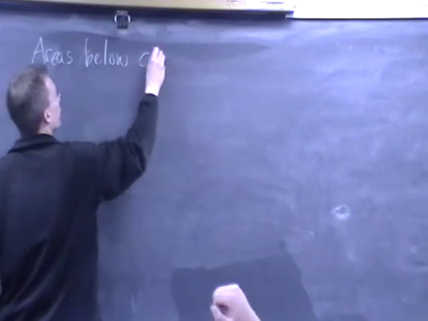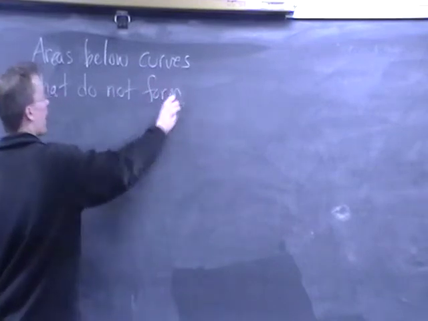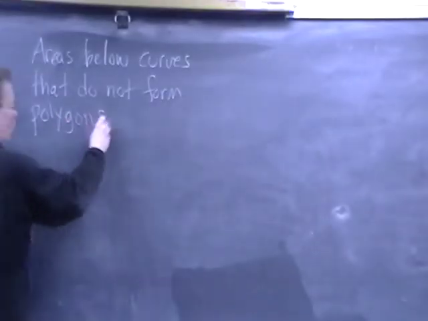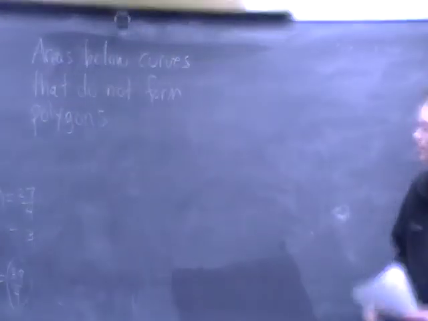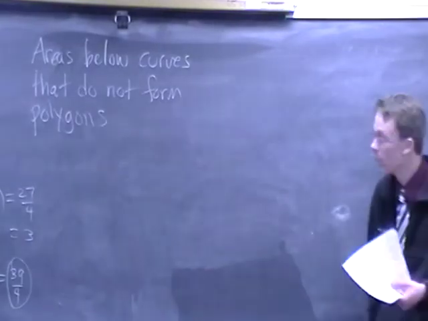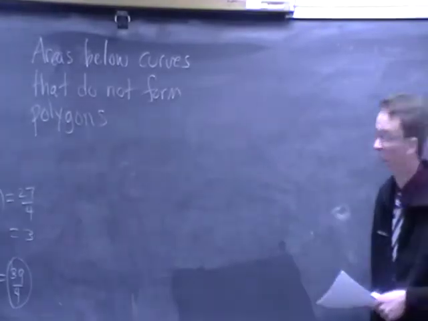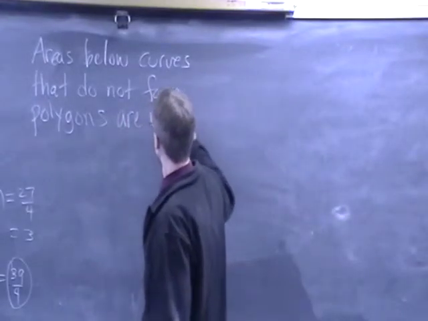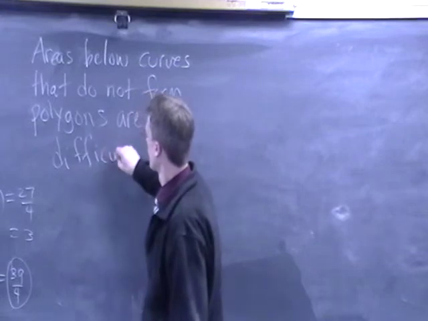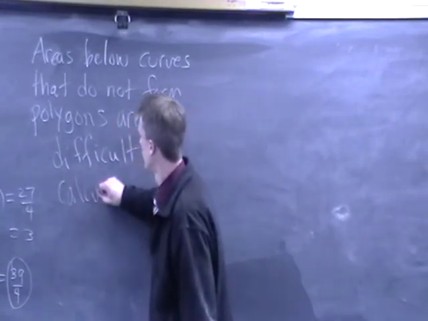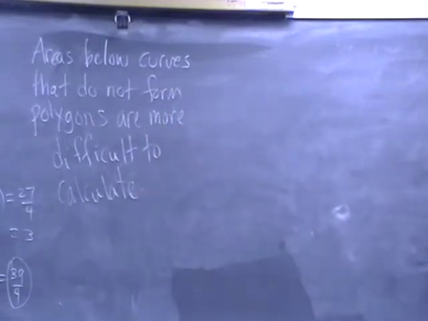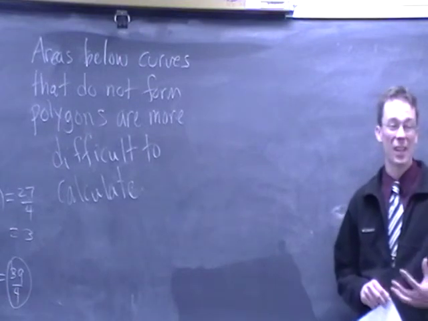So areas below curves that do not form polygons are more difficult to calculate. In fact, without calculus, you can't even get a dead-on value.